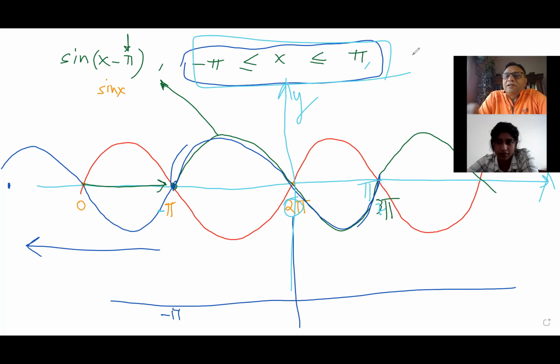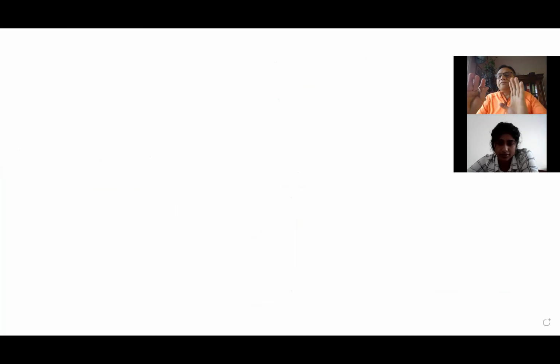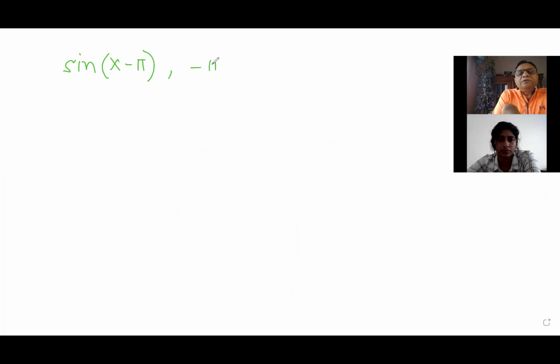Let me do it once again so that I clear everything. Now think fresh. I'll make it slightly smaller so that I can show you both the parts. We are trying to sketch the function sine of x minus pi, and we are interested in the values of x between minus pi and plus pi, correct?